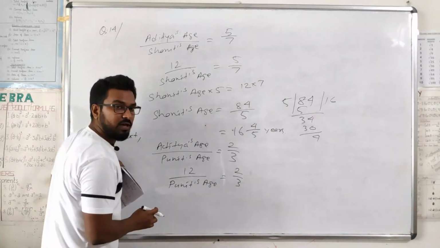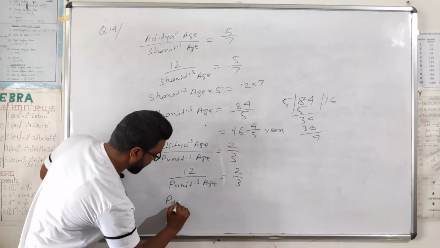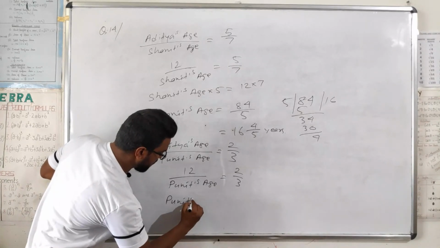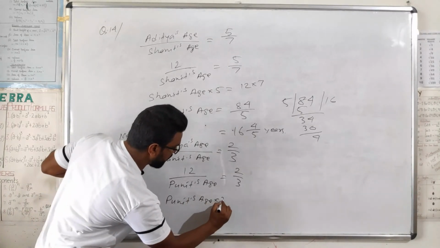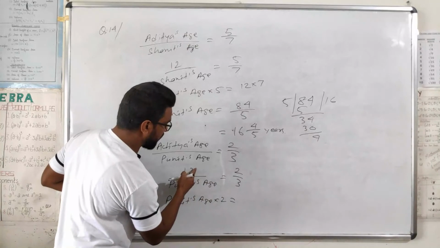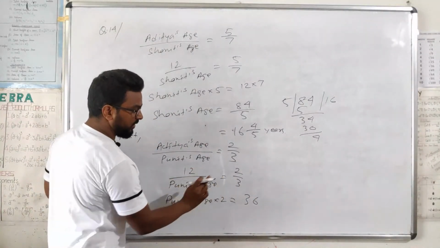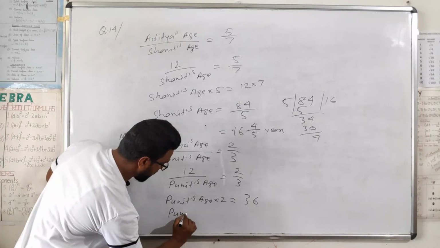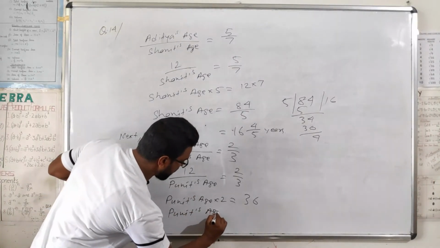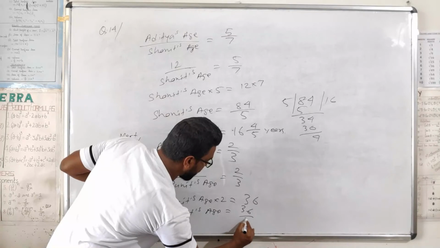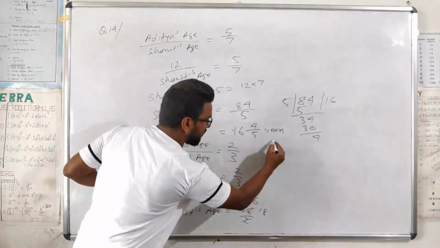Now if you cross multiply, how much you will get? Punit's age into 2 equals to, if you cross multiply, it will become 36, right? 12 3s are 36. So Punit age is 36 by 2, that will become 18 years.